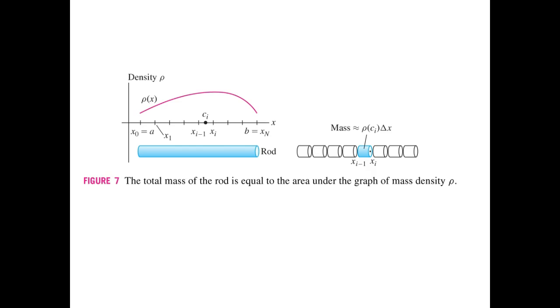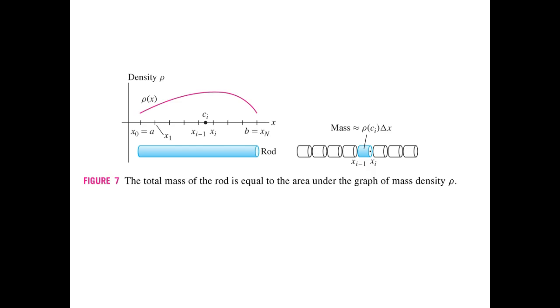Then for any piece of that rod, it has a value somewhere between x of i minus 1 and x of i. We'll just call it x of i, okay? If you get these small enough, it doesn't matter what you call it. And somewhere in between x of i minus 1 and x of i is a point c sub i, and we'll use that for its density, rho of c sub i.